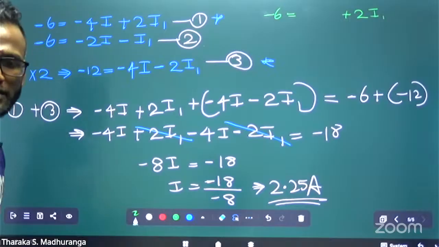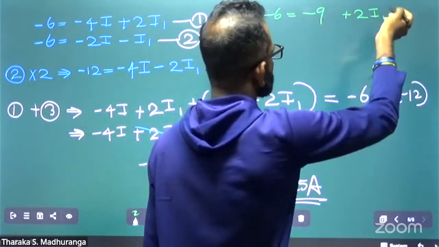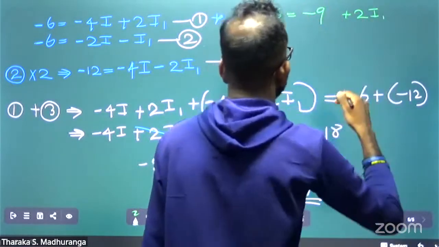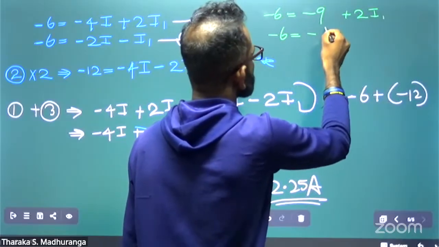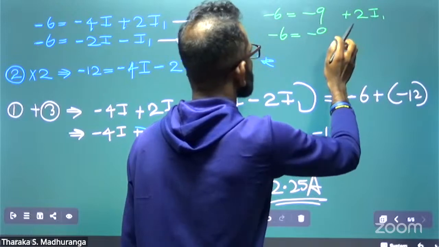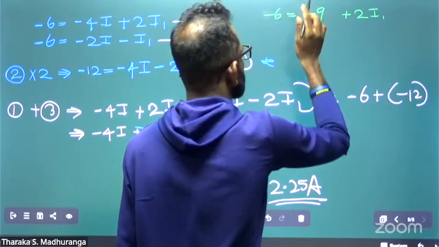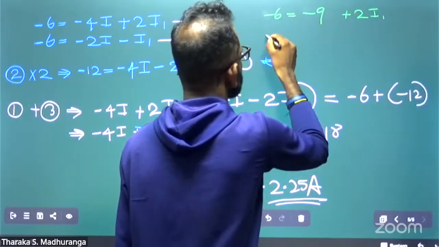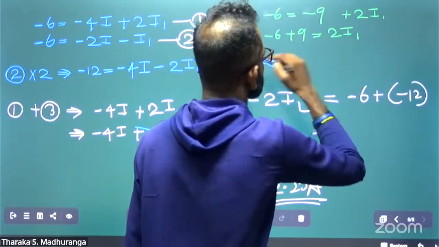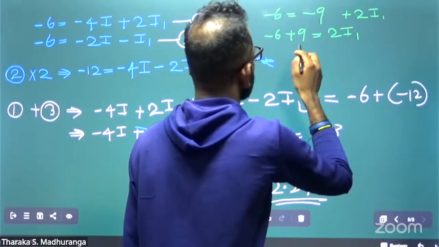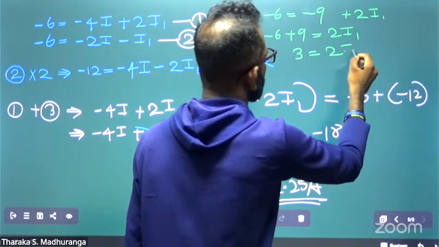It is minus 9, right? So minus 6 equals minus 9 plus 2I1. You can move the minus 9 to the other side. Then minus 6 plus 9 equals 2I1. Minus 6 plus 9 means 3, equals 2I1.